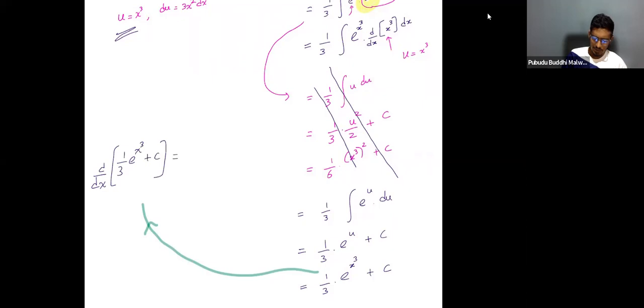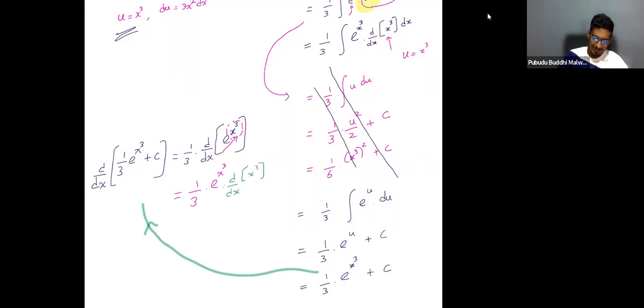C is just a constant, so that's 0. 1 over 3. Here we can apply the chain rule. I think you know those things. Fix x to the power of 3, that's the inner function. So we are differentiating exponential x like that. Then the derivative of the inner function, that is x to the power of 3.